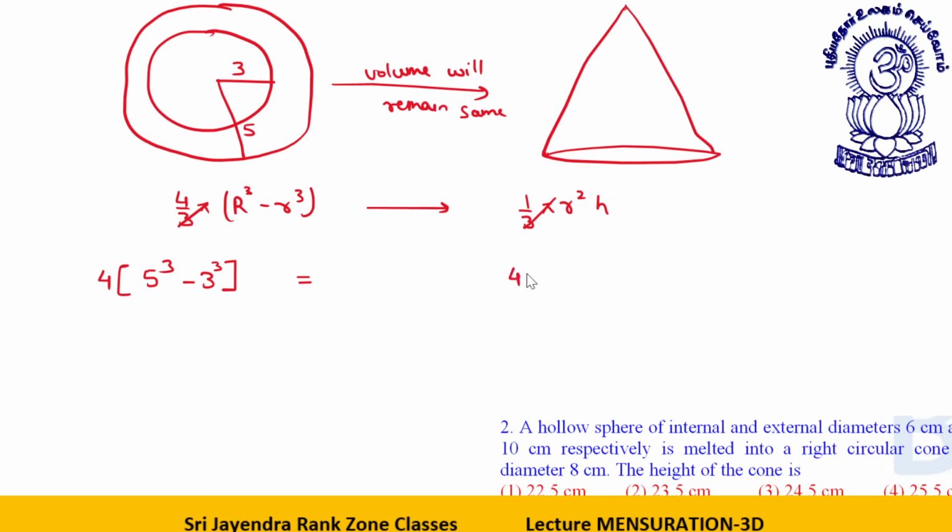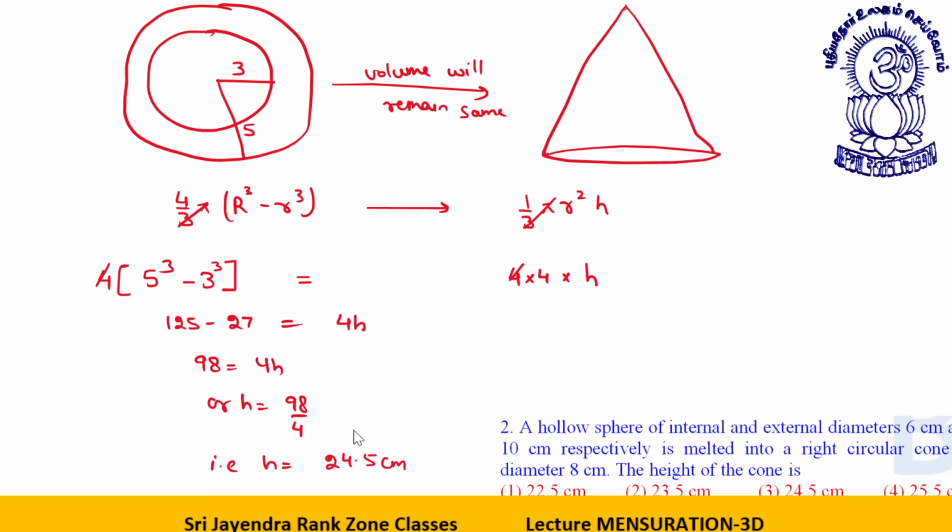What is r? 4 into 4 into h. 4 and 4 cancel. 125 minus 27 is equal to 4h. So this is 98 is equal to 4h, or h is equal to 98 by 4, that is h is equal to 24.5 centimeter. This is the height of this particular cone. This radius is given to you as 4. Next one.